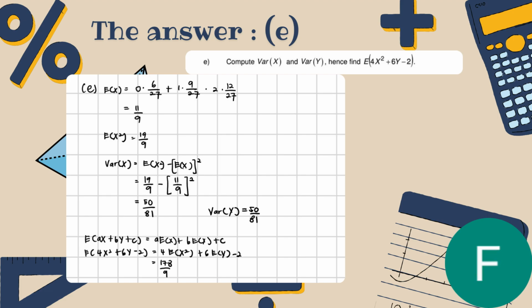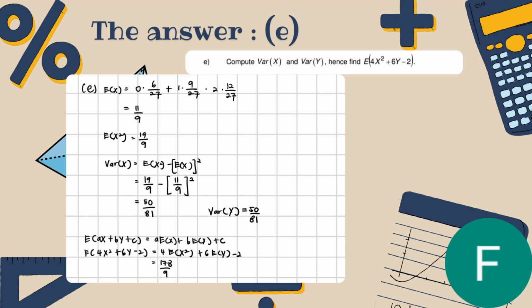For question E, variance and expectation, to calculate the variance of x, I use the formula variance of x equals expected value of x squared minus the square of the expected value of x. After calculation, the variance of x is 50 over 81. Similarly, the variance of y is also 50 over 81.